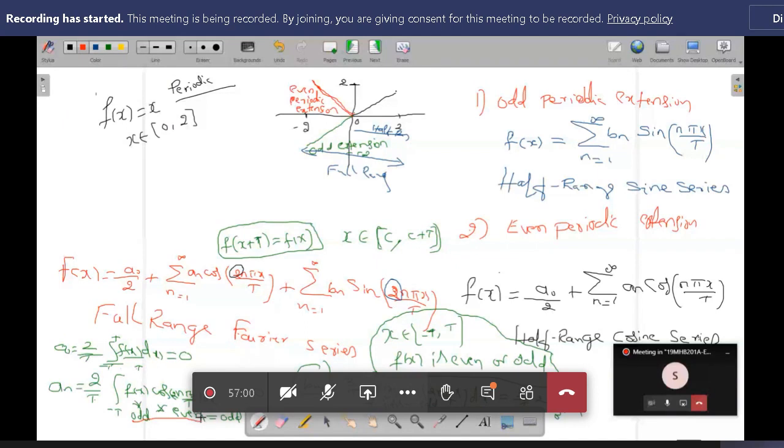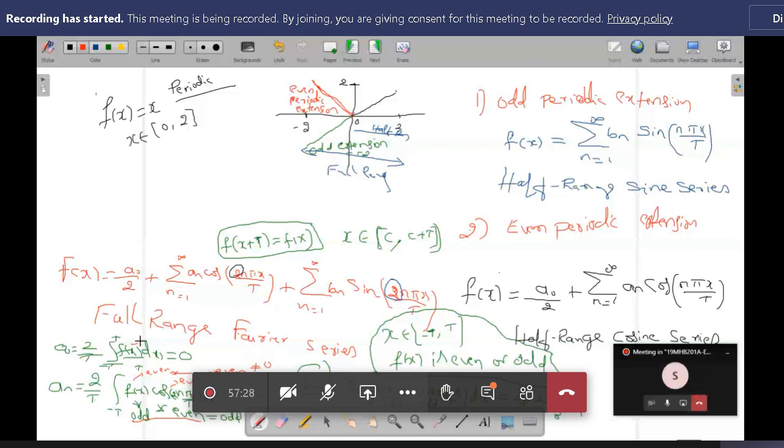We make use of the basic definition, and we say if the function is even, it contains only cosine terms. If the function is odd, it contains sine terms. Suppose this is even, and cosine is always even, their product will again be even. So then An is non-zero, and similarly A naught.